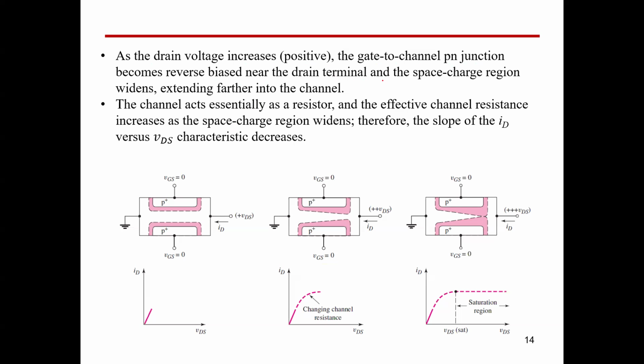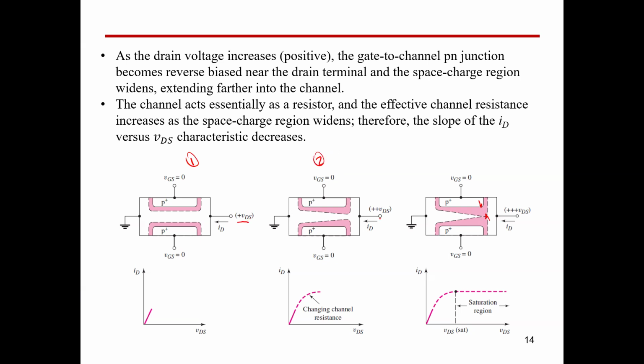So once you have a more positive drain voltage, for sure, this is the N channel here, and this is the P region here. This means the depletion region close to the drain will increase because it's more reverse biased. So let's say this is case number 1, where in all cases VGS is 0. But here we have a certain value of drain to source voltage.